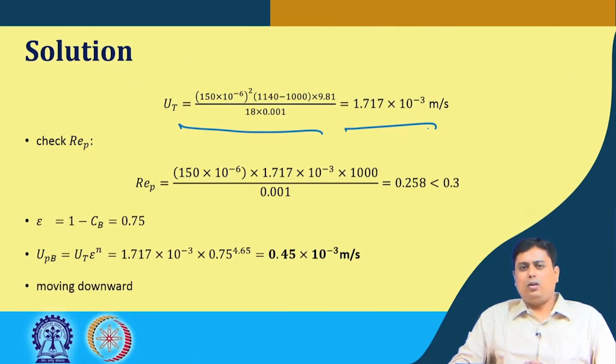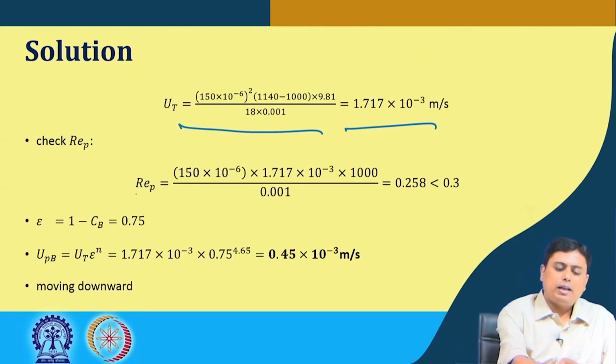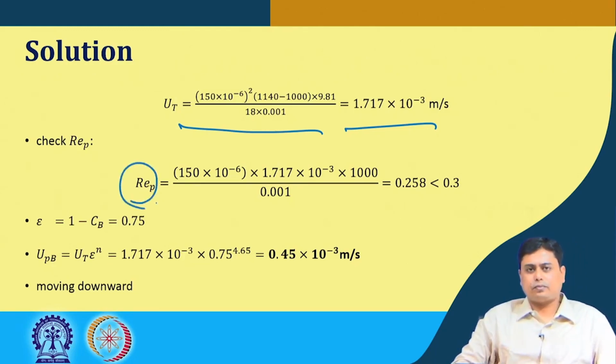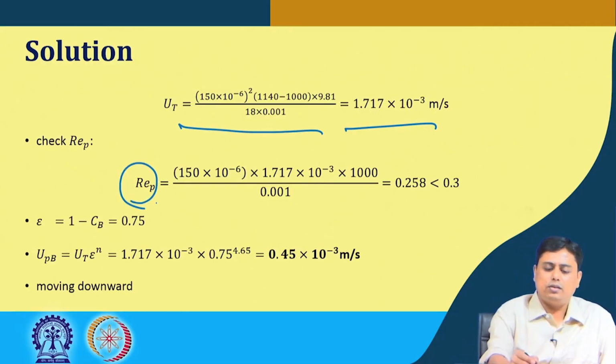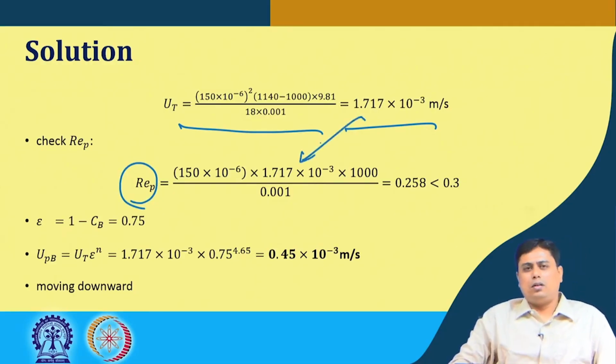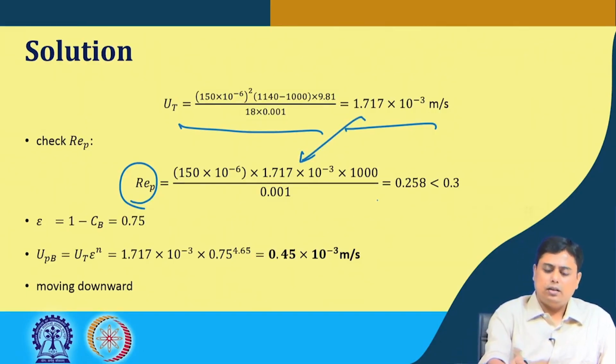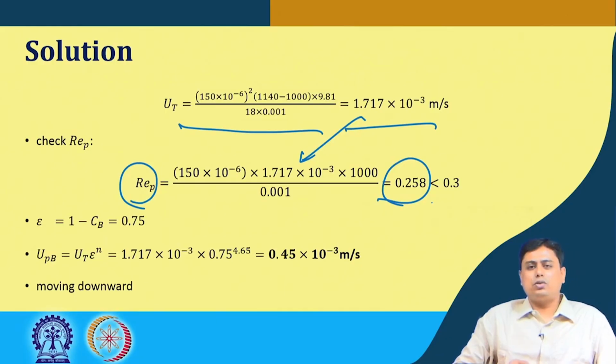Once we do that, we have to verify whether the assumption is correct or not. So, we calculate the particle Reynolds number using this velocity. And we see that it is indeed within the Stokes law region. It is less than 0.3, the value is 0.258, which is less than 0.3.